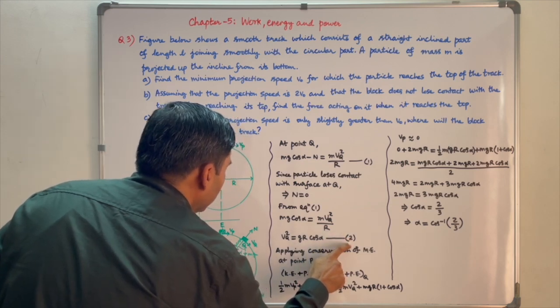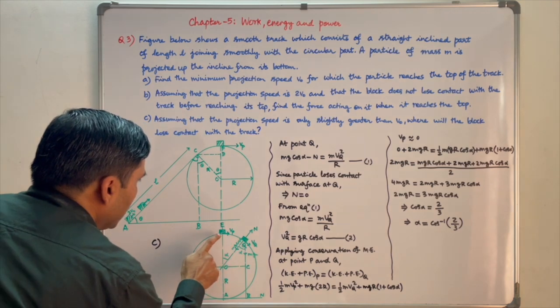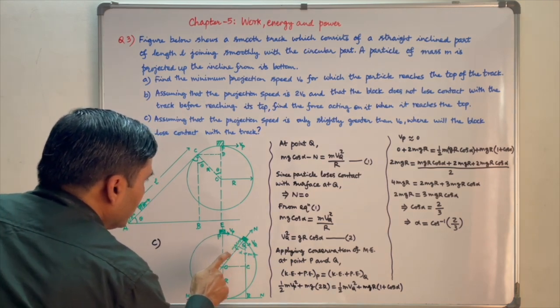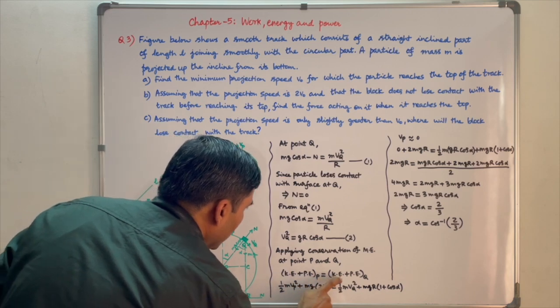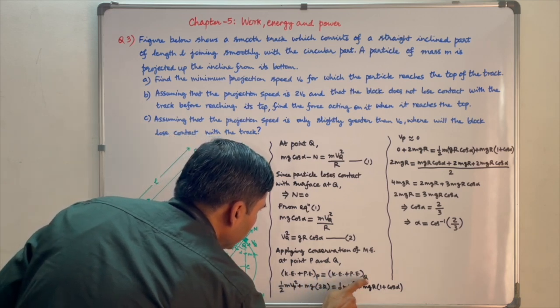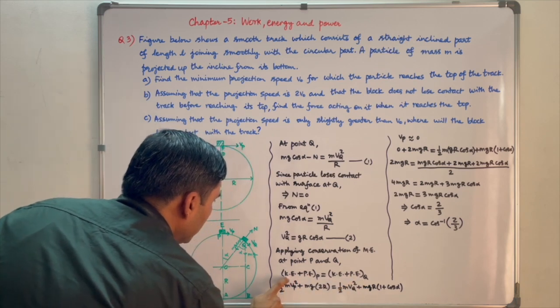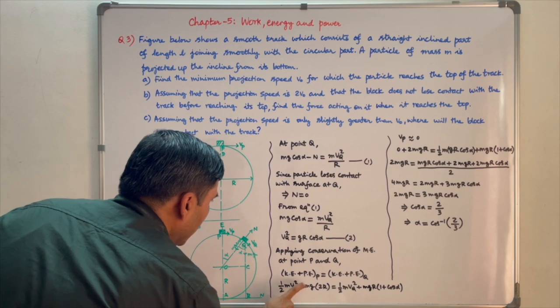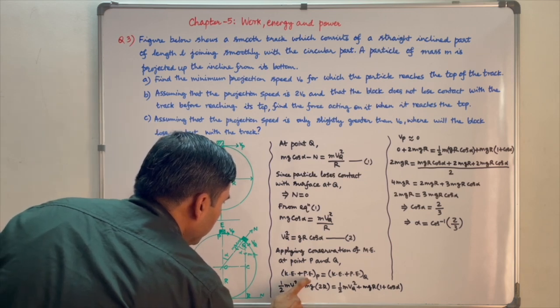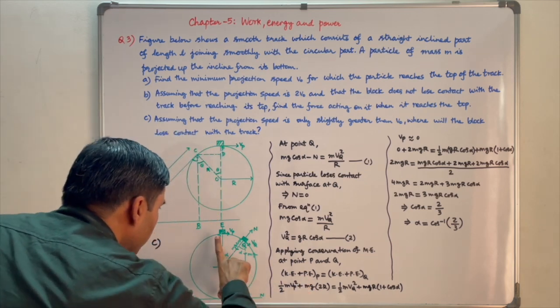Now we will apply conservation of mechanical energy at points P and Q. So kinetic energy plus potential energy at P is equal to kinetic energy plus potential energy at Q. Kinetic energy of the particle at point P is half m Vp², and potential energy at P will be mg into this height.